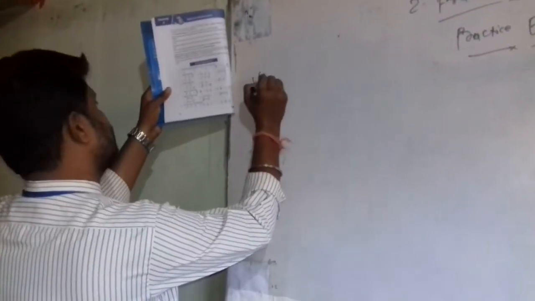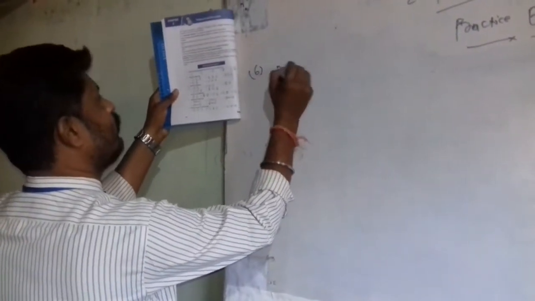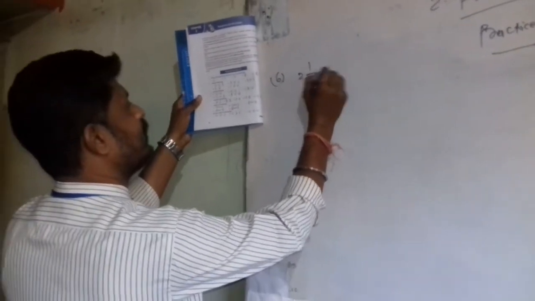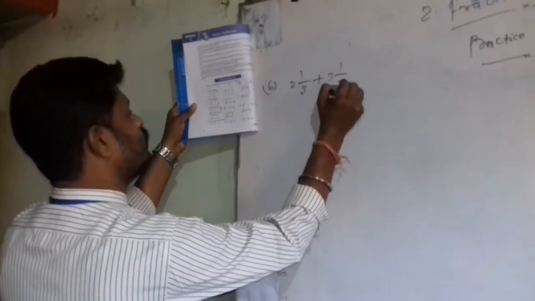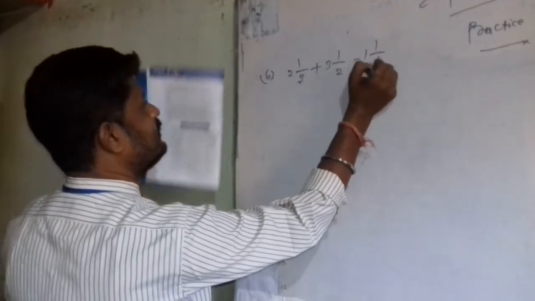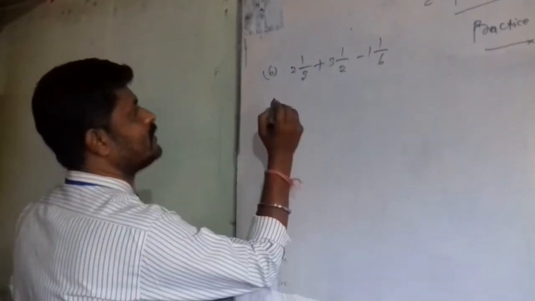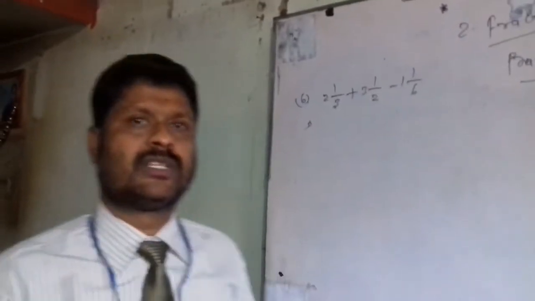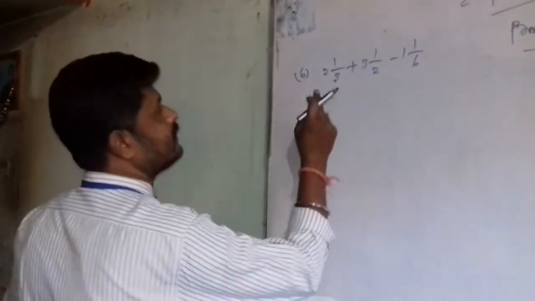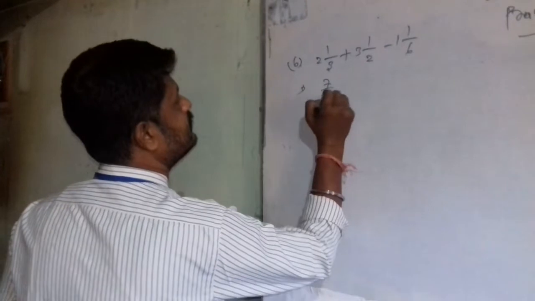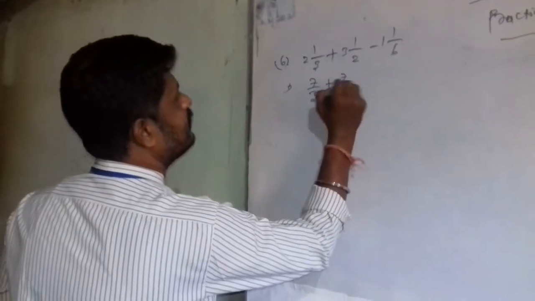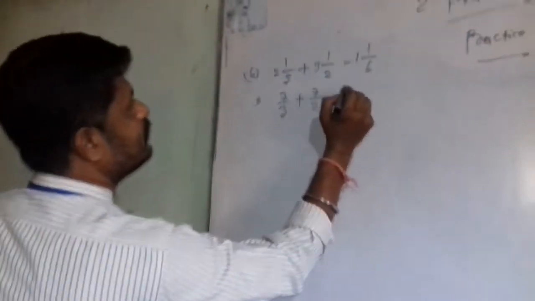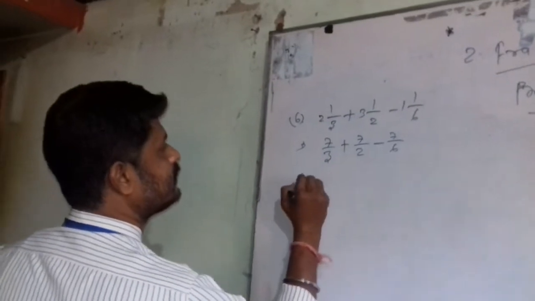Question number 6 is 2 whole 1/3 plus 3 whole 1/2 minus 1 whole 1/6. It has two rules, and the first is to convert into improper fractions: 7/3, 7/2, 7/6.